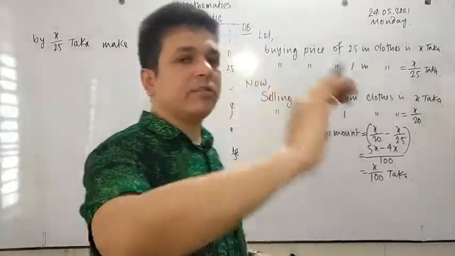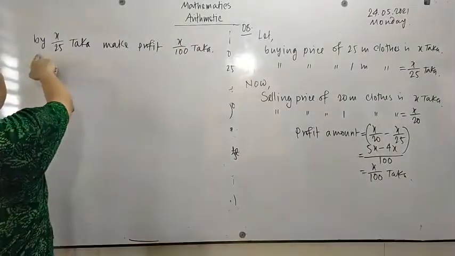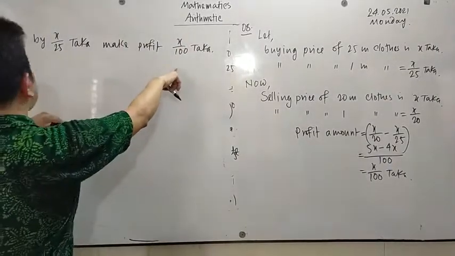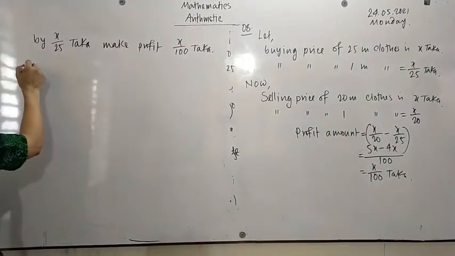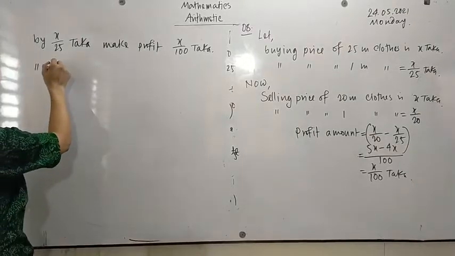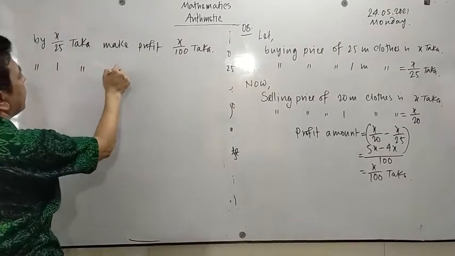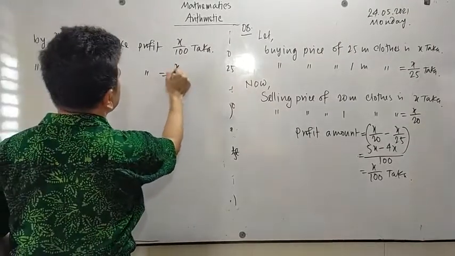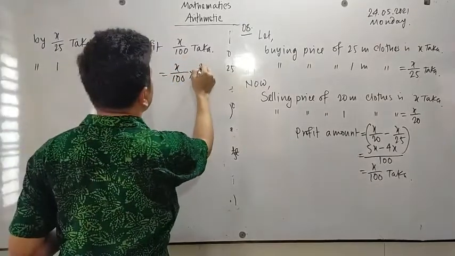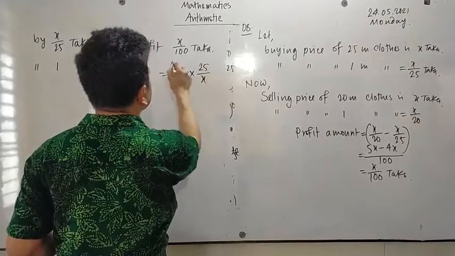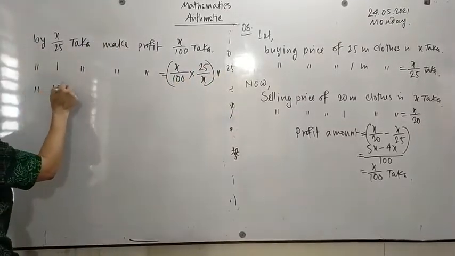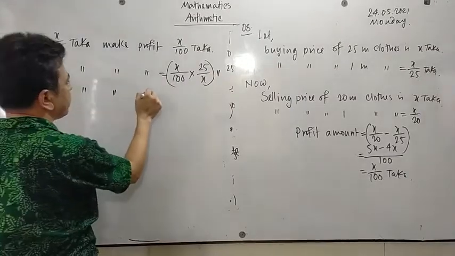It depends on the buying price. I am just ending within 1 or 2 minutes. So on 1 taka the profit equals X divided by 100, and this becomes reversed, so it will be 25 divided by X, taka, and we have to find the percentage by 100 taka.